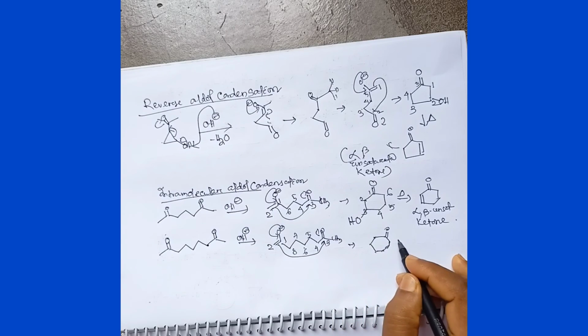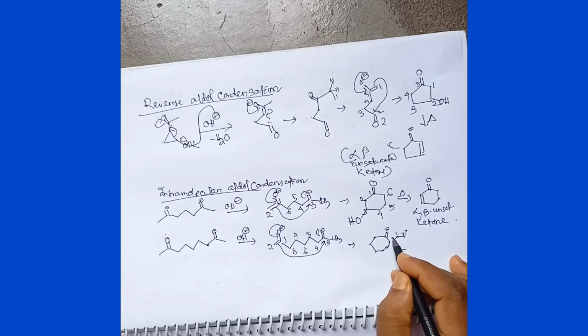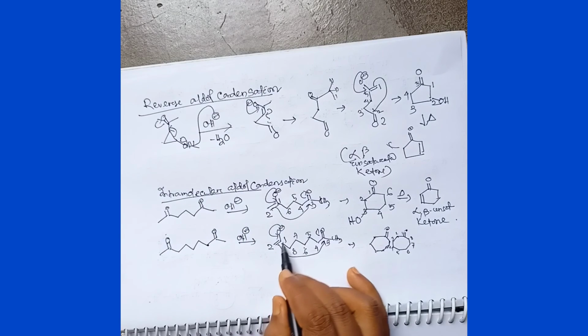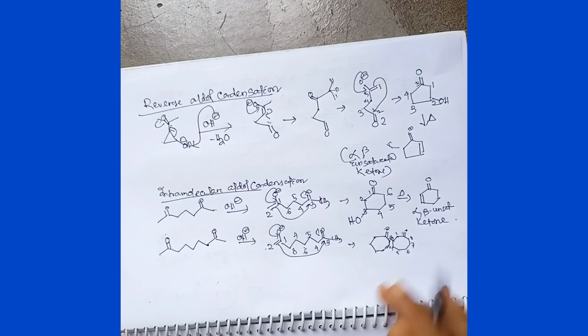Again I am drawing 1 2 3 4 5 6 7 8. So here 1 2 3, in the position of 3 there is a hydroxy group.